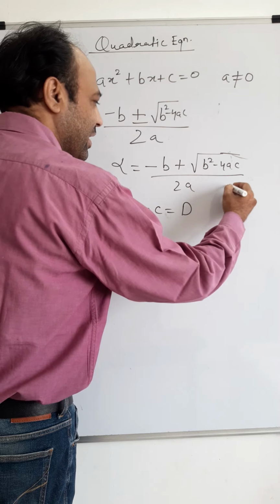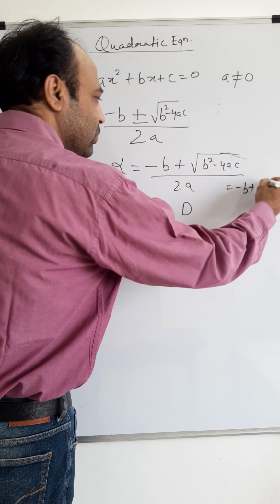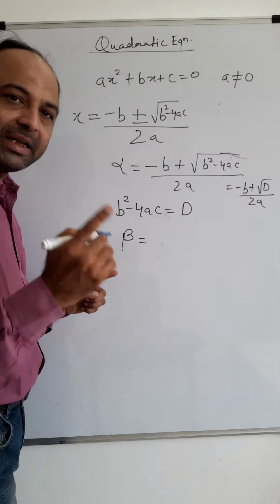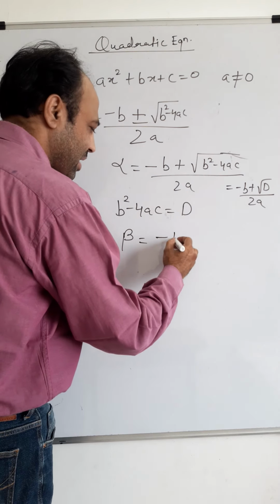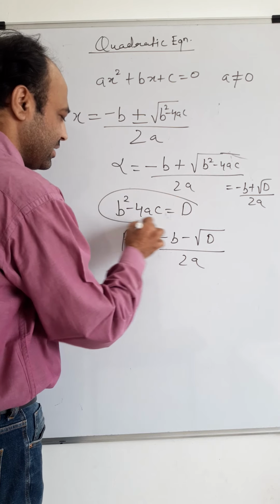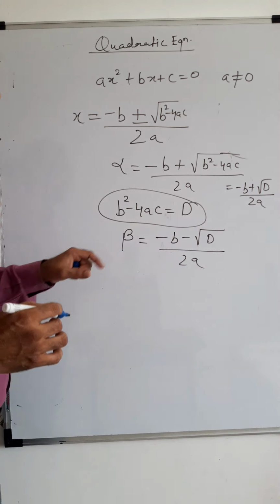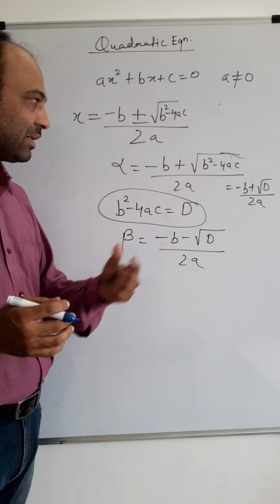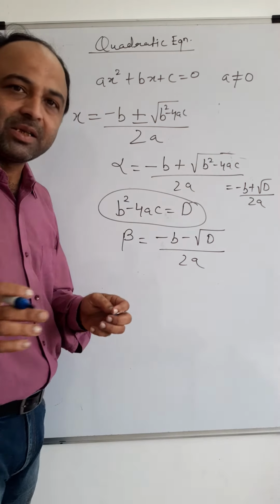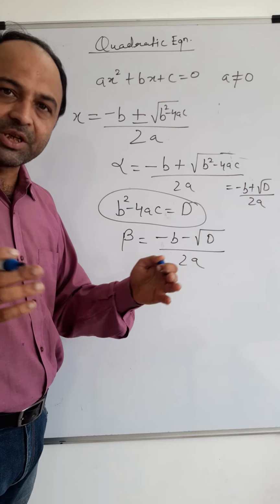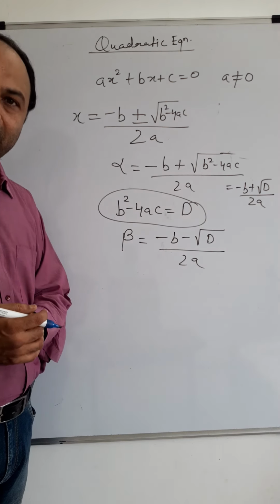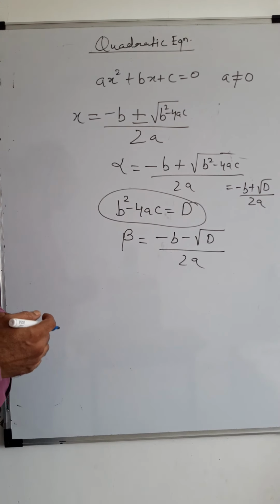So here you can write alpha as minus b plus root D upon 2a, and another root, which mathematicians named beta, is minus b minus root D upon 2a. Correct? So this is alpha and beta of a quadratic equation. You must remember this formula, because sometimes the quadratic equation is not factorizable, and in that situation we have to use this formula method, alpha and beta, correct?